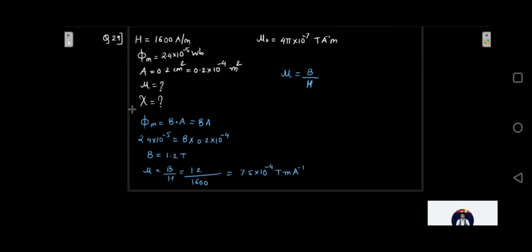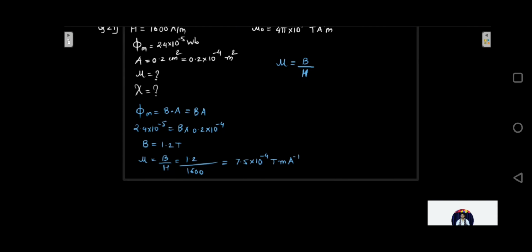Next we need to find out the susceptibility over here. So let's find out the susceptibility now. You can use the formula mu is equal to mu naught into 1 plus psi m. This is going to be the formula. So mu is going to be equal to whatever you have found out just now, that is 7.5 into 10 raised to minus 4.